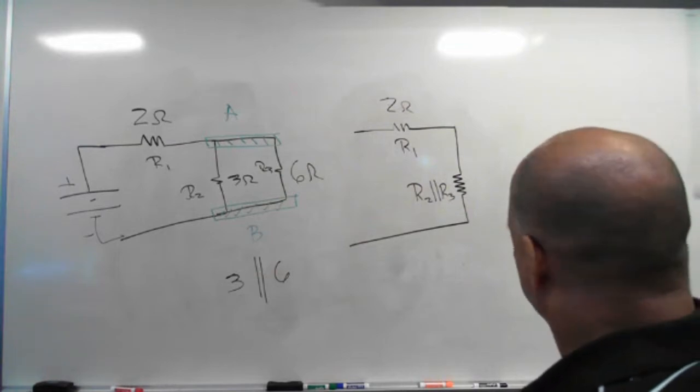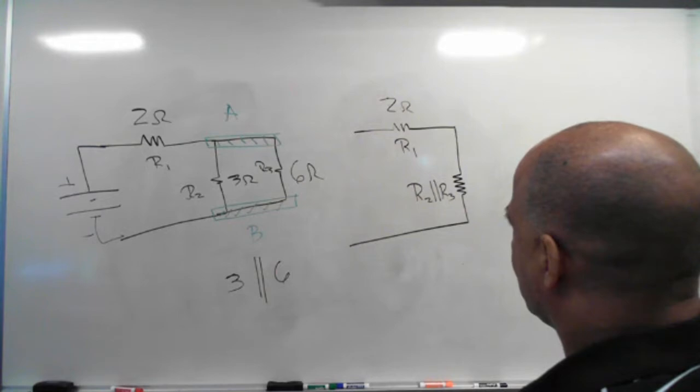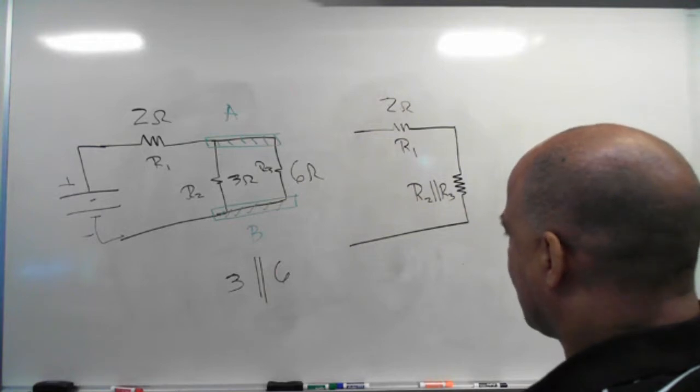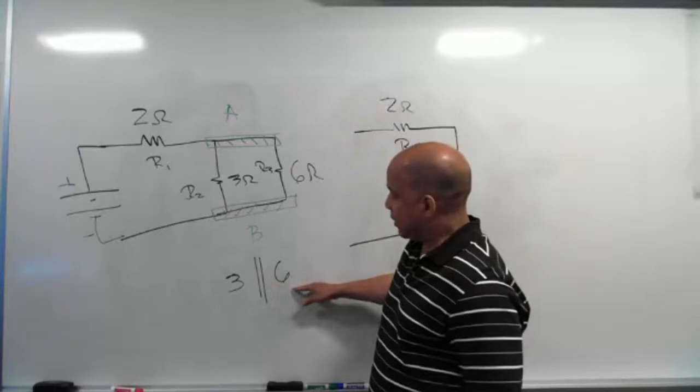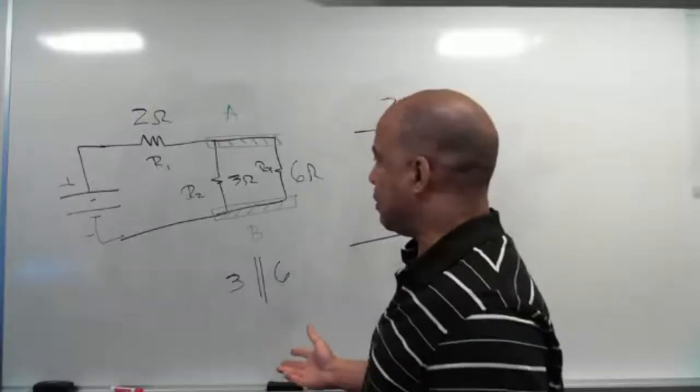Anybody got an answer? We're adding them together? These are in parallel. Right. R3 parallel R6. So this sign right here is parallel. So what was your answer? 2. 2 is the answer.